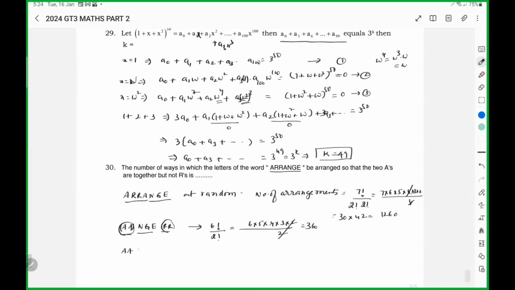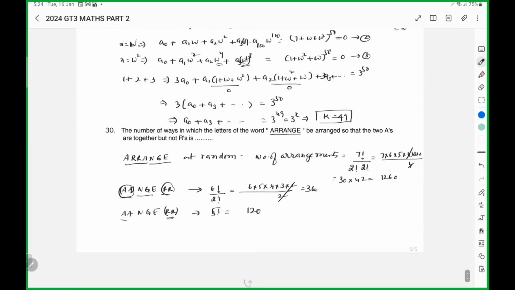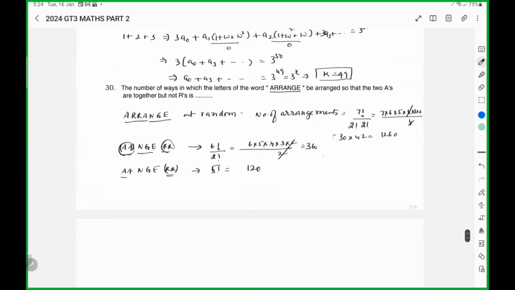But AA and RR are at one place, 5 factorial, so that is 120. Say this is 1, 2. Here A's are together, here A's are at one place and R's also together. But he says R's are not together.